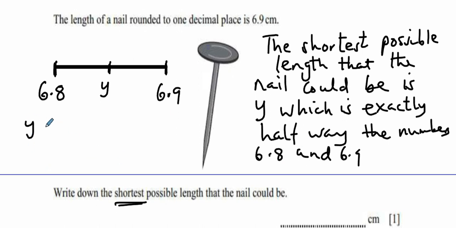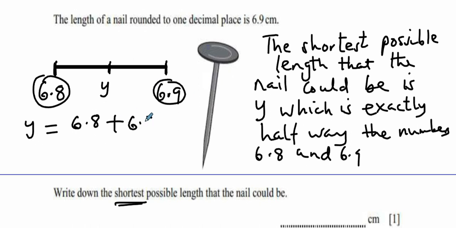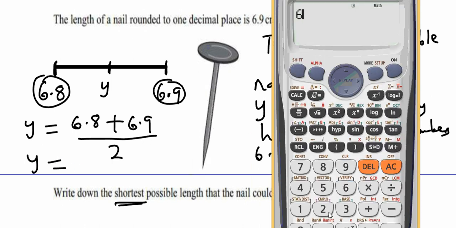Now, how do we calculate the number which is exactly halfway between the two numbers? The number which is y, exactly halfway, you do 6.8 plus 6.9.